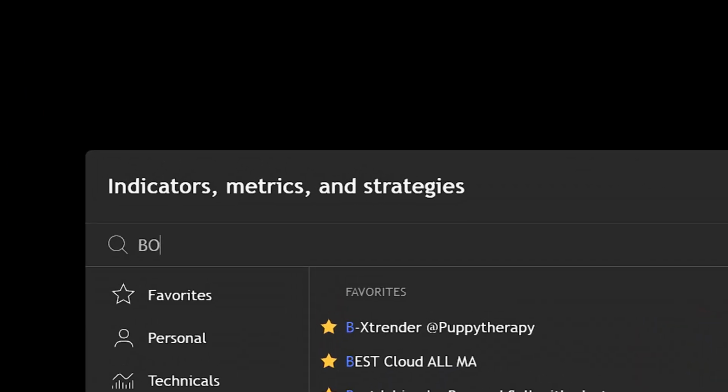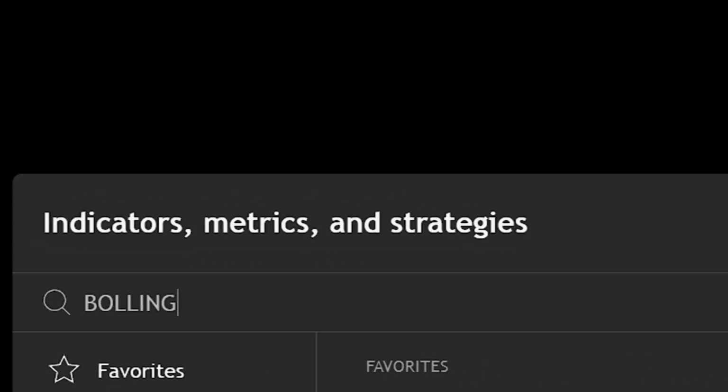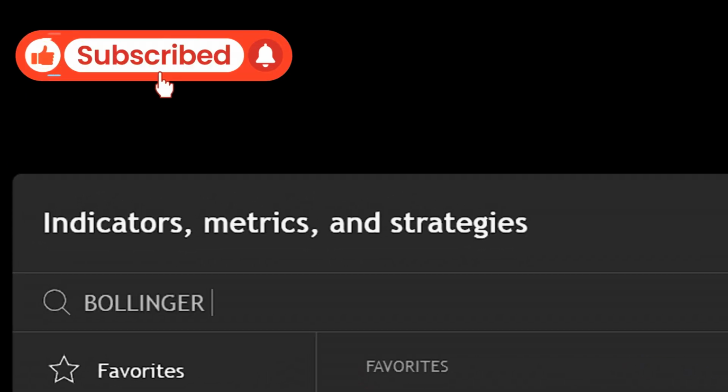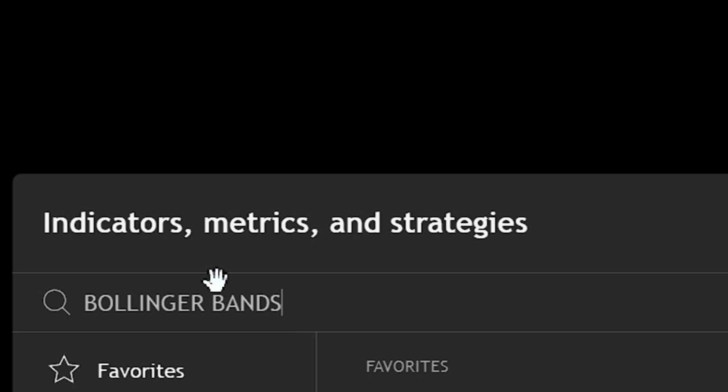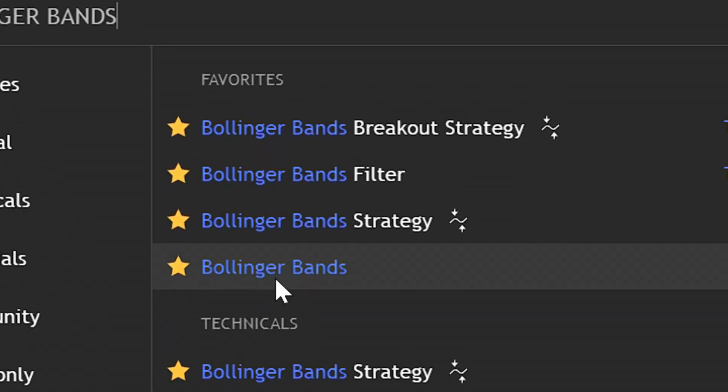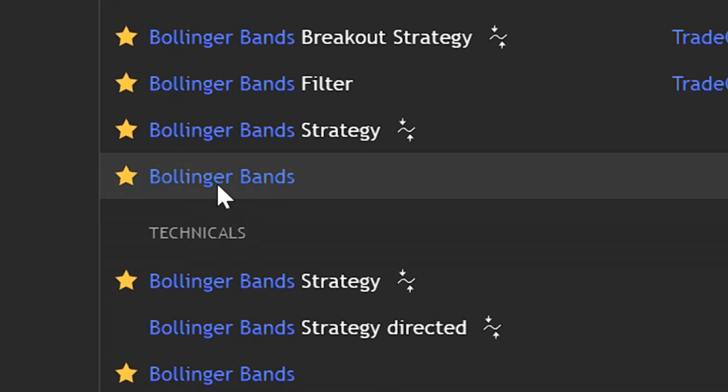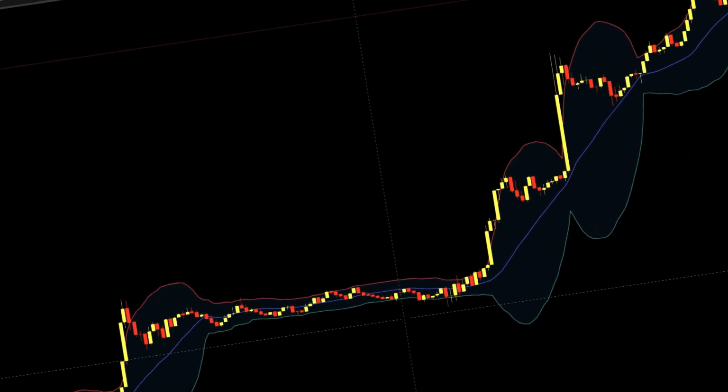Type Bollinger Bands in the search bar and select it. Your chart now has Bollinger Bands overlaid.